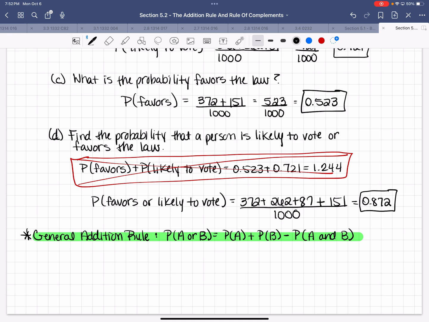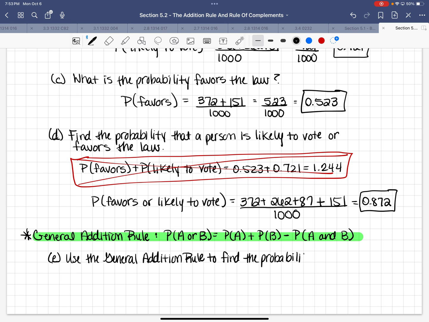That was D. So let's do part E. E says, use the general addition rule to find the probability that a randomly selected person is not likely to vote or is undecided.